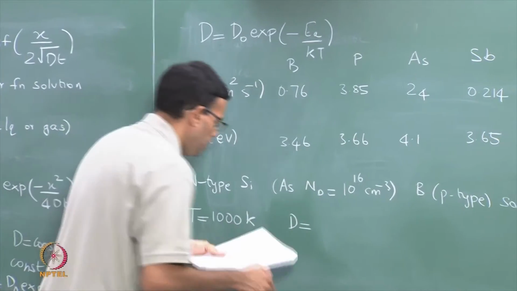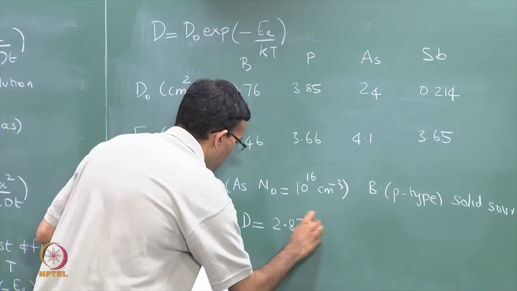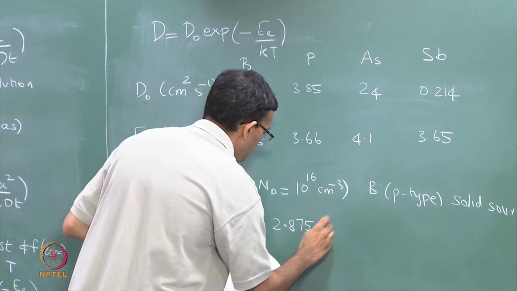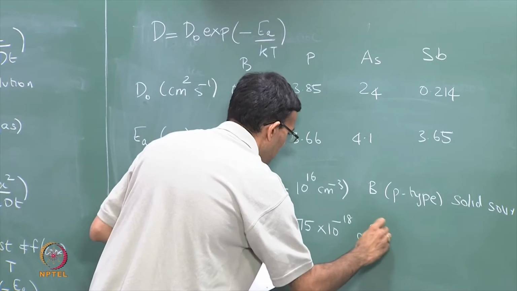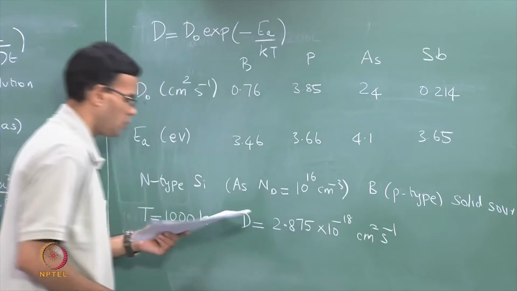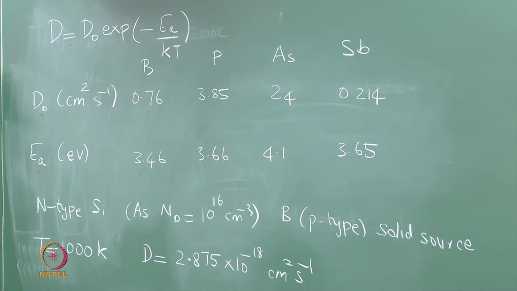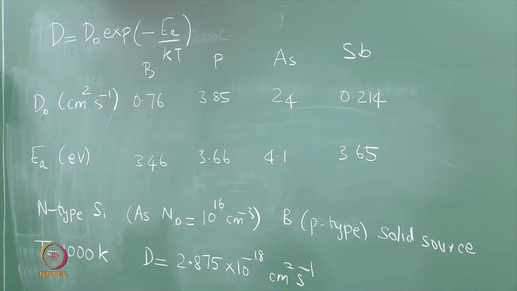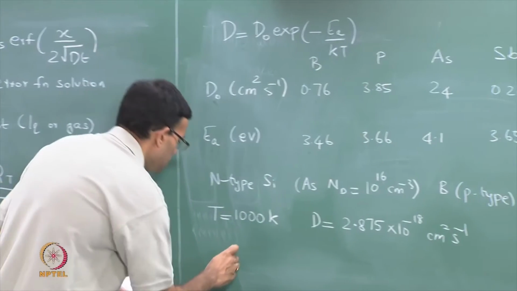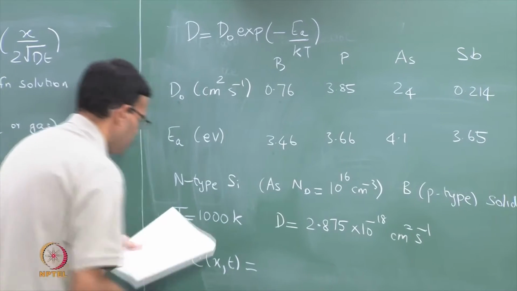The value for D is 2.875 times 10 to the minus 18 centimeter square per second. Again here we have a solid source, so we have a constant concentration of dopants on the surface, or a constant initial concentration of dopants.